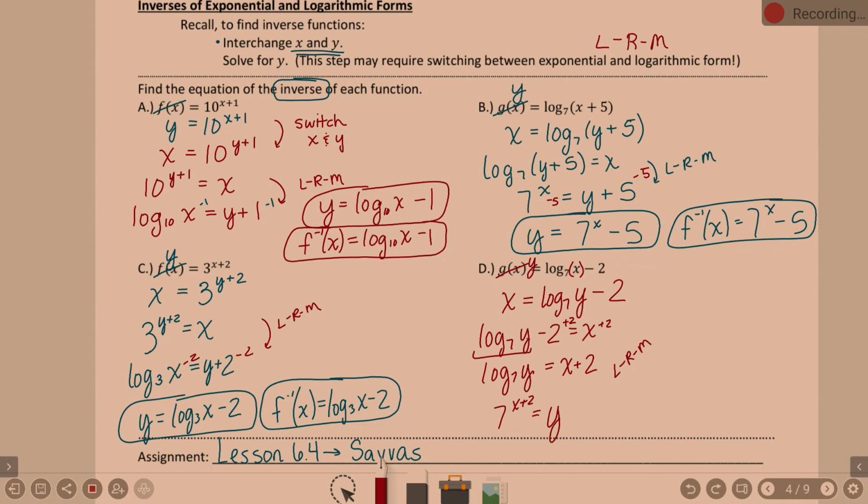Left 7 raised to the right x plus 2 equals the middle y. And what just happened on this one? We're done, aren't we? Y equals 7 to the x plus 2, or f inverse of x equals 7 to the x plus 2.